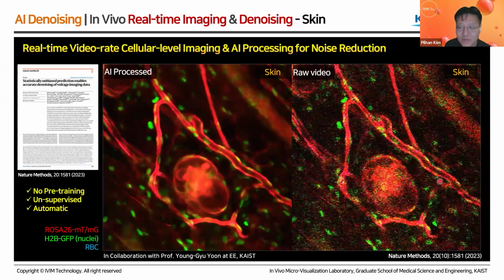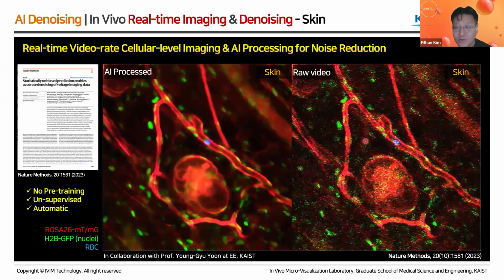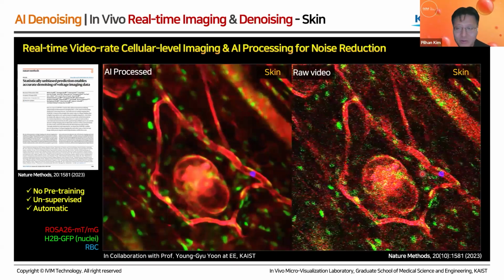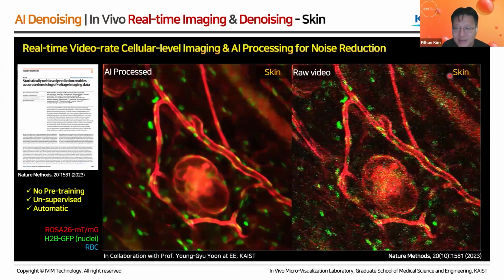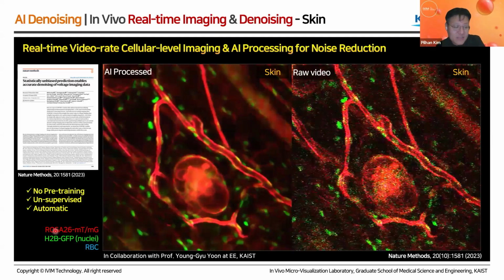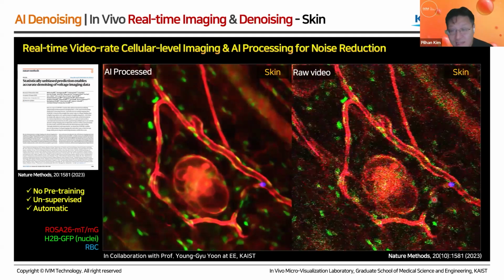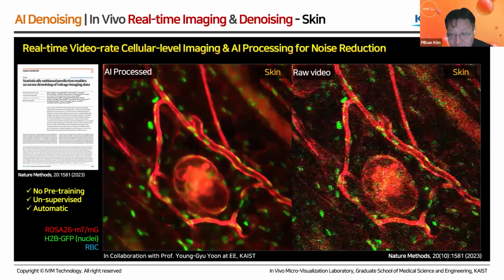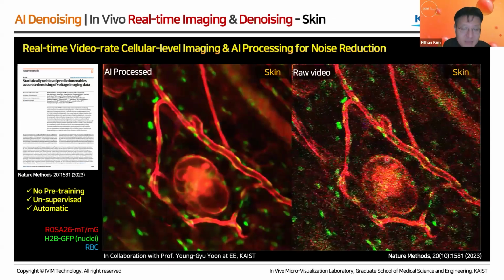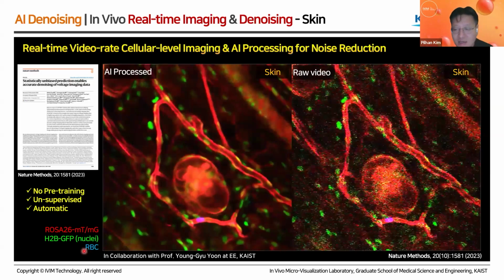Okay. On the right-hand side, this is the raw real-time video obtained from the skin. Again, we use H2B-GFP and the ROSA26 mTmG mouse model, so we can nicely see the nuclei and the cell membrane. These are the capillary and the hair follicle. At the same time, we injected fluorescent red blood cells.